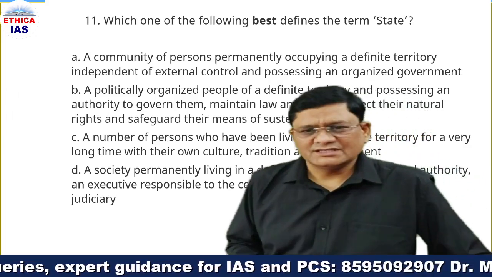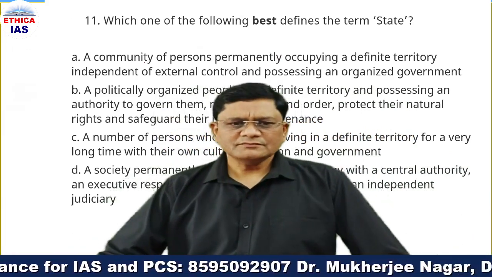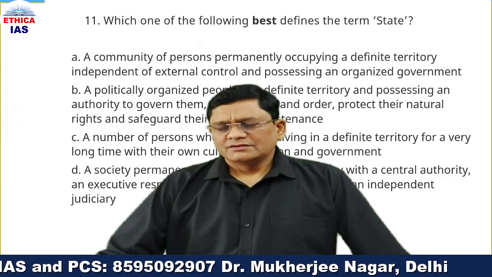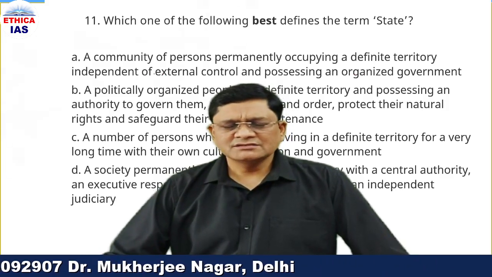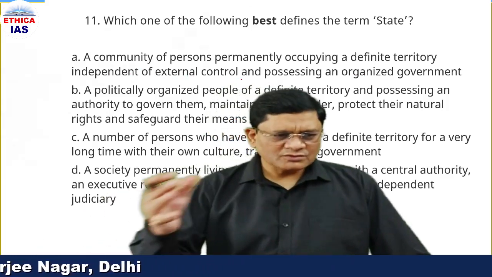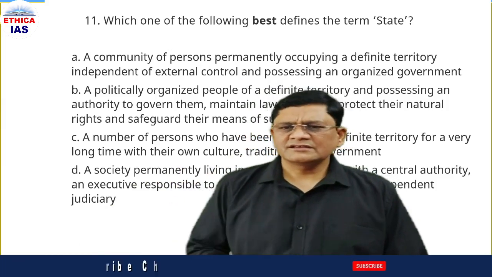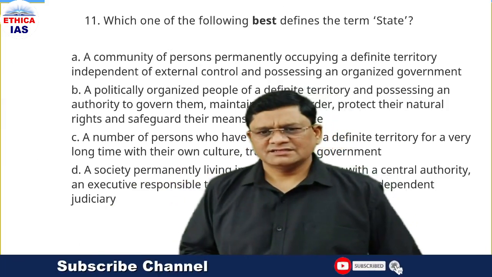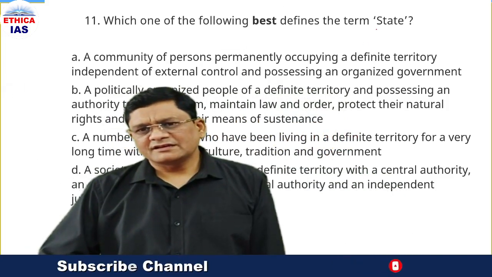So, what is state? It is a very basic question and simplest form of question. So you know that any territory which has a certain amount of population and government and also sovereignty of government, then that territory is known as state. So four elements of state are there.